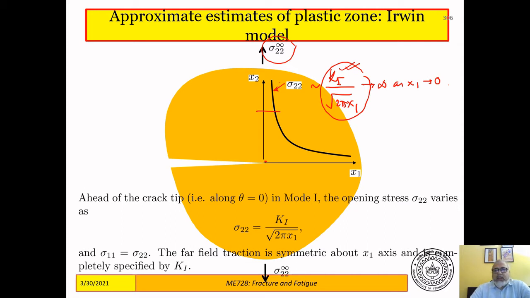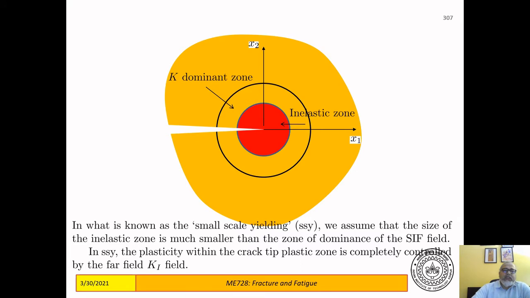So Irwin gave this idea that you have a situation called, suppose I have a situation called small scale yielding, which we will call SSY. Suppose this situation is valid.